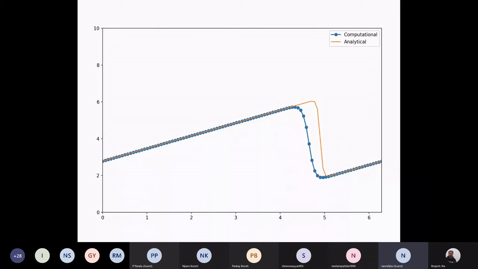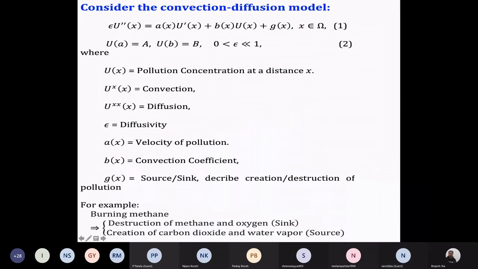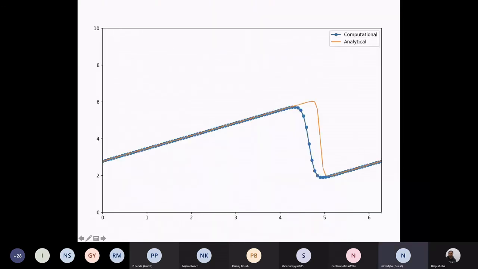To proceed further: so far in the previous discussion, I have used first order in time and second order in space, which is basically the usual first-order or second-order scheme. The main question is, in this graph you see there is a gap between the blue line and the orange line, and I want to reduce this gap.